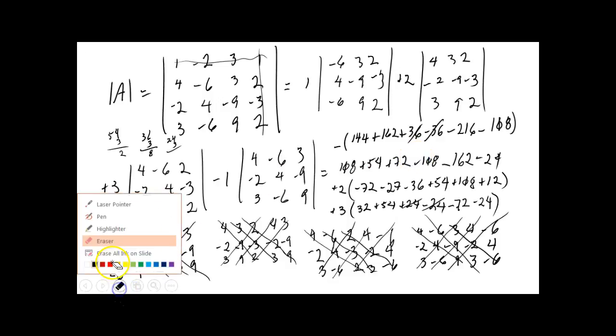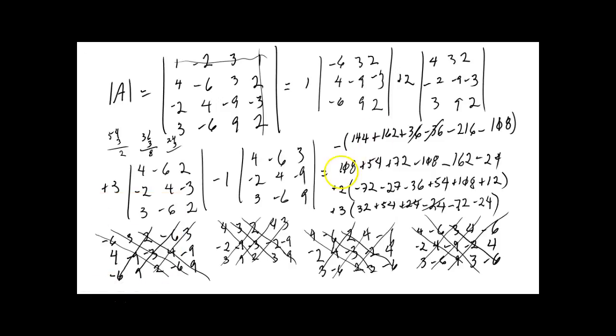I know when I did it, I said, why is it that a minus sign? So wipe those two out. Now do it again. 54 plus 72 to minus 162 minus 24. Negative 60. Now I don't remember what you got before. Do you remember?